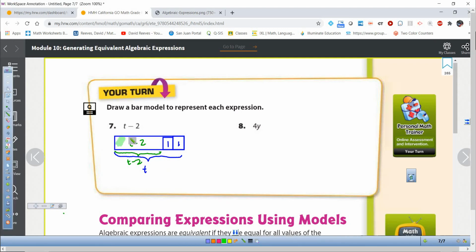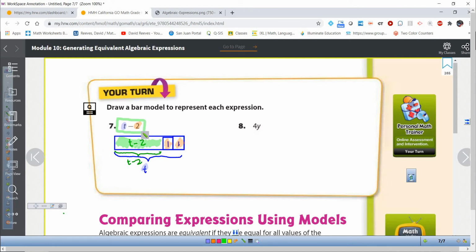This part right here is 1, and this is 1, so that is the 2, and the whole thing, the blue part, is t. The green part is t minus 2. Does that make sense? The whole thing is t. Take away those two, and you're left with the green part.